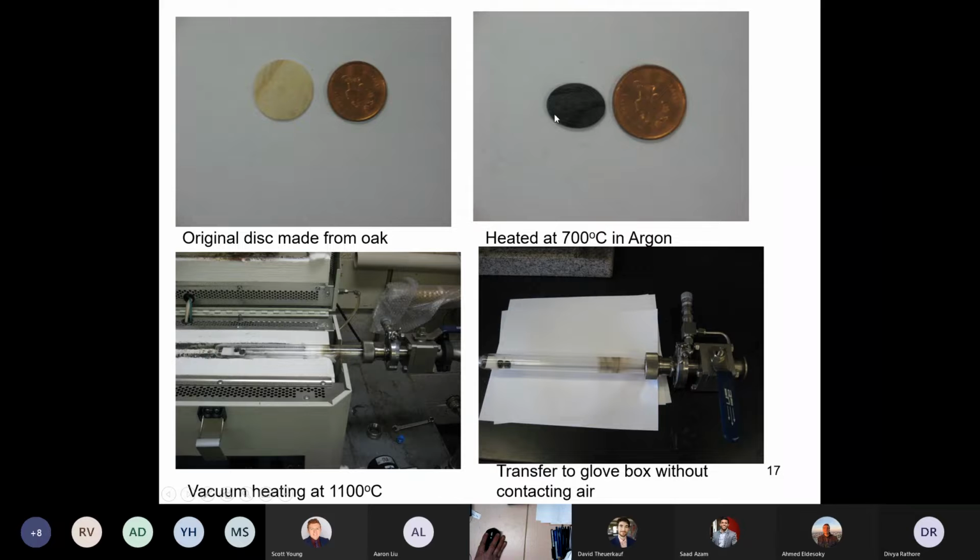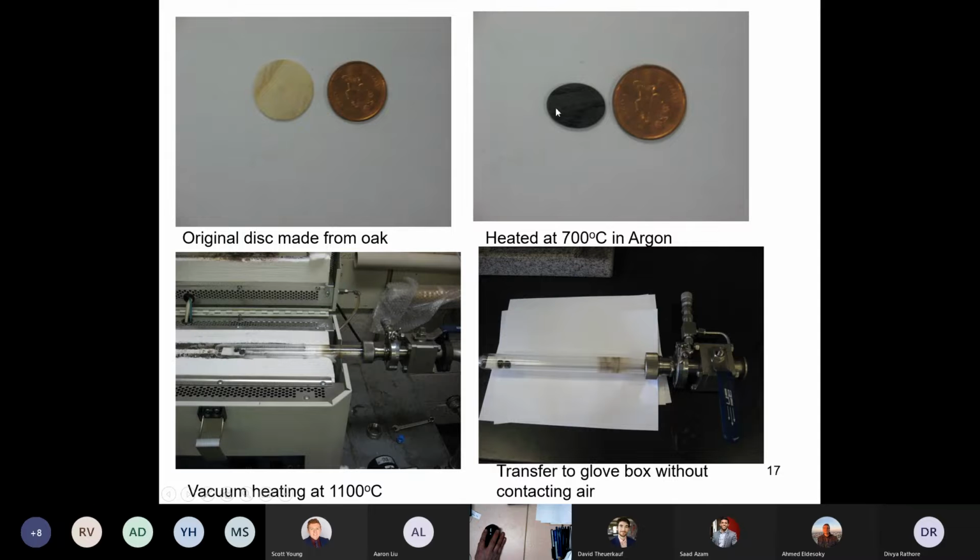And after heating, all that happened to it was it shrunk. It obviously didn't melt because it still maintains its circular shape. And it shrunk because its weight reduced by about 70%. So it's about 30% of the original mass of the oak here.